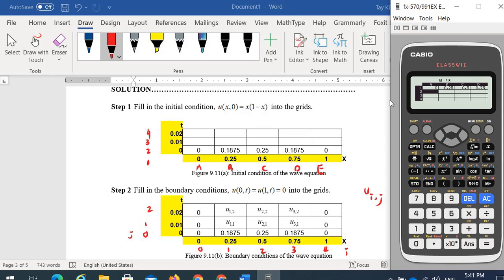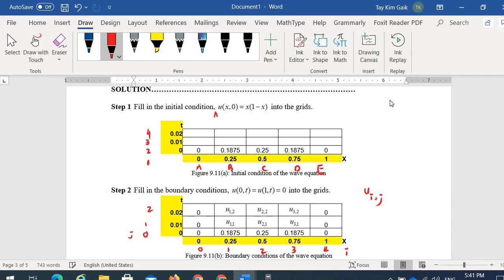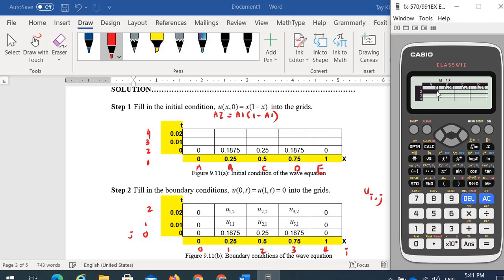I want to fill in the cell A2 with x times 1 minus x, where x is stored in A1. So I have equals A1 times (1 minus A1).